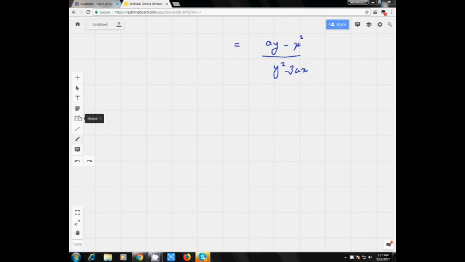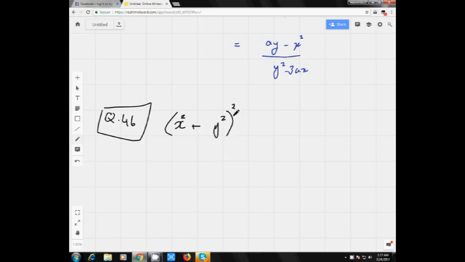Next we will solve question number 46. It is (x square plus y square) whole cube is equal to y. Differentiate both of the sides with respect to x.